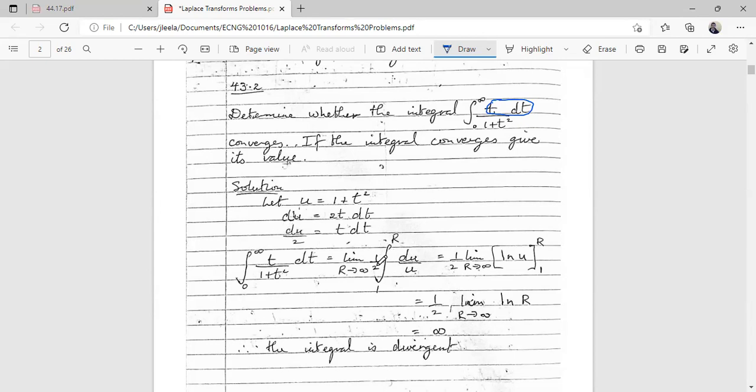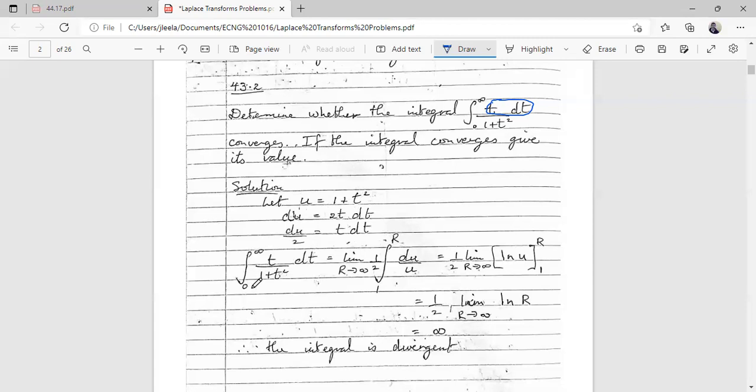And of course, the 2 here is a half, 1 over 2. I could pull that on the outside, right? And then I have u at the bottom, because 1 plus t squared is u, right? So this is a straightforward integral here. This is ln u, right? And the upper limit is r and the lower limit is 1, right? Because if t is 0, if I replace t with 0 here, u will be 1 plus 0.